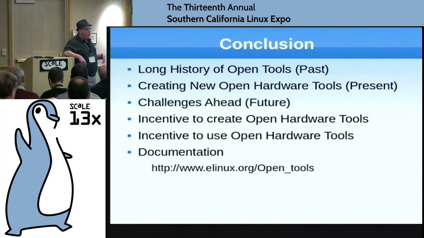And lastly, all of the things that I've talked about, plus a ton of resources and links to open source hardware tools, anything you can think of, I have on the open tools page at elinux.org. That'll cover links and anything, including these slides, will be up there available to you.